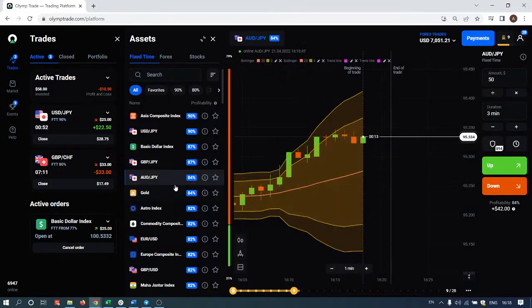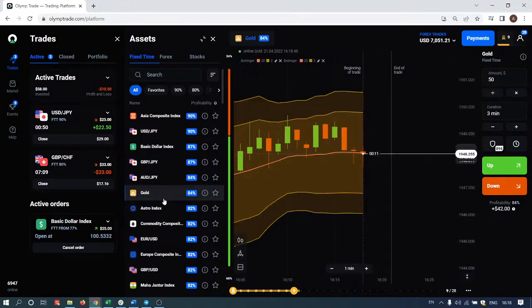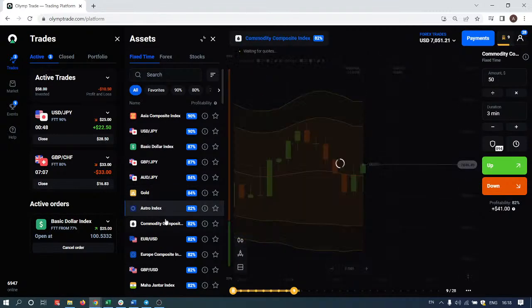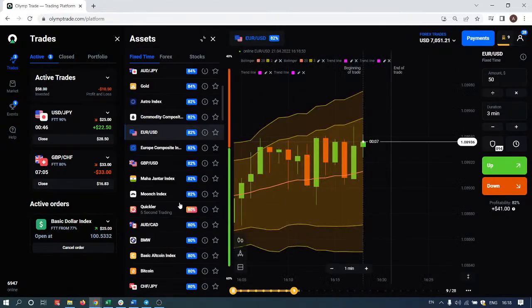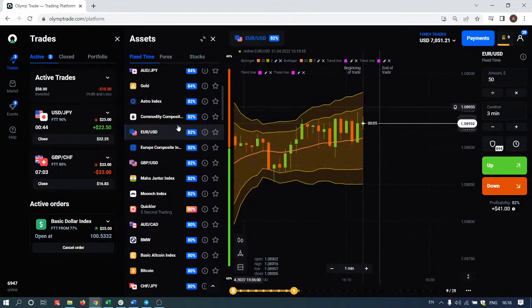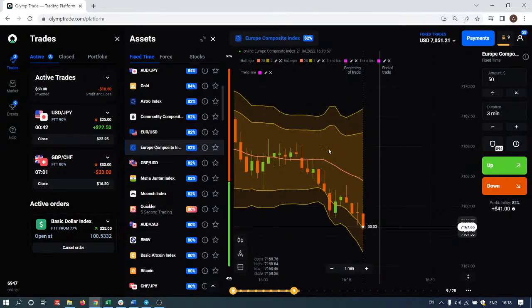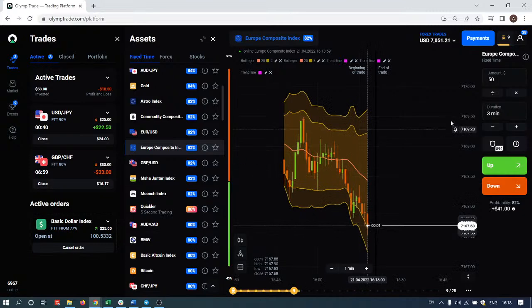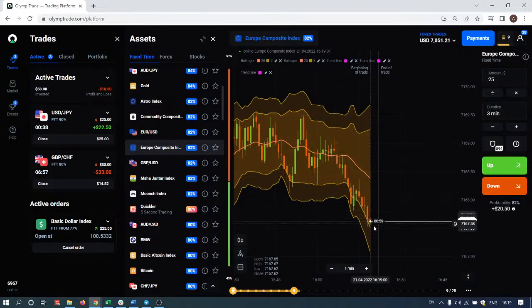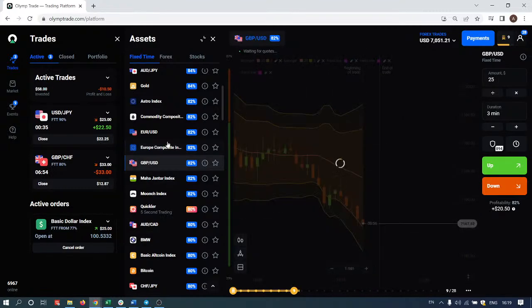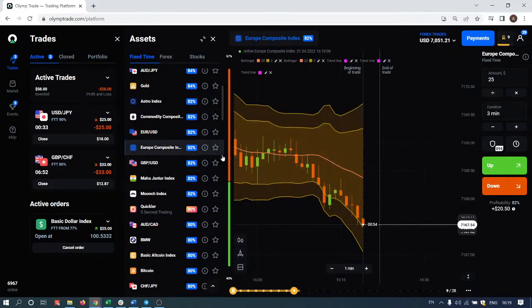The price has changed by then. So that is why sometimes we might have two traders who trade the same assets, and one trader is winning and the other one is losing.